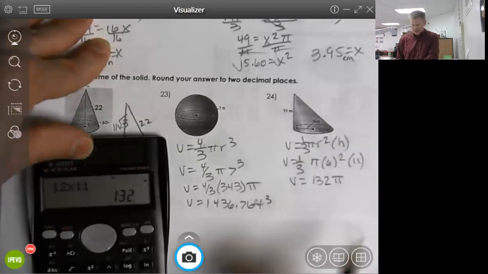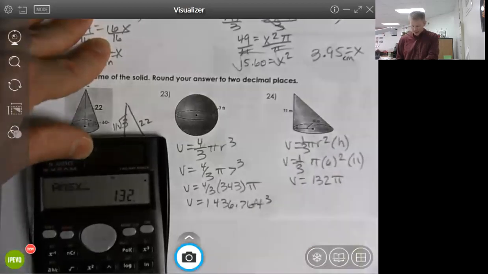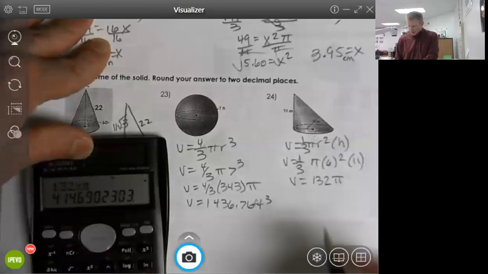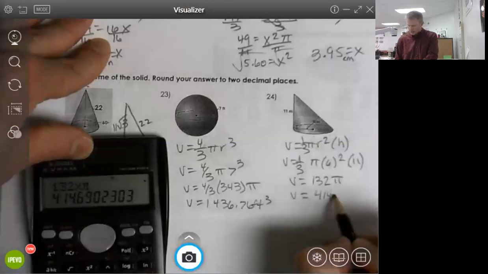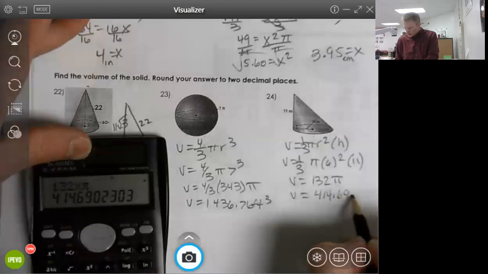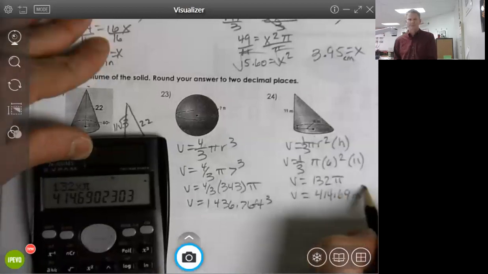That's probably your best answer. I prefer the exact answer more than a decimal, but they are asking for a decimal. So this was meters cubed.